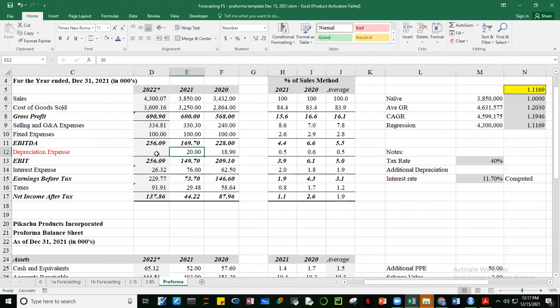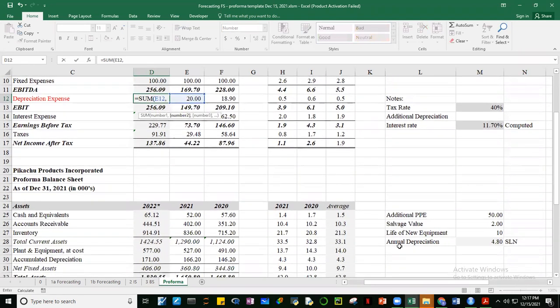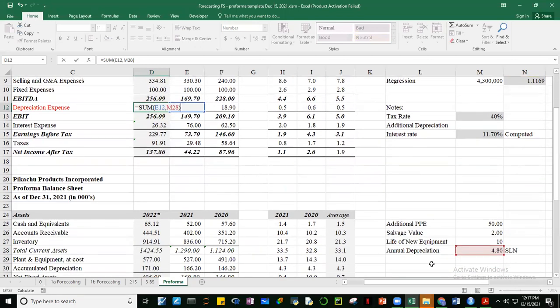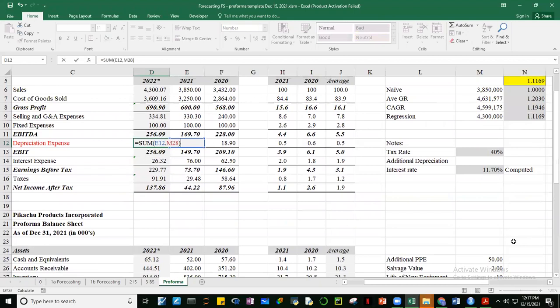So yung 20,000 yan, magke-carry on lang sa 2022 plus isasum natin yung bagong asset na nakuha na may annual depreciation of 4.8. There. Okay? So makukuha natin yung depreciation expense for 2022. Ito yun, yung 4.8. Okay, so this is now 24.8. So ang net income na natin, 122.98.